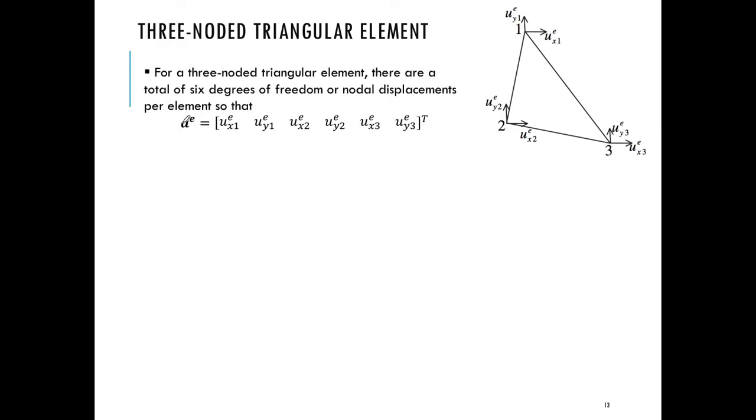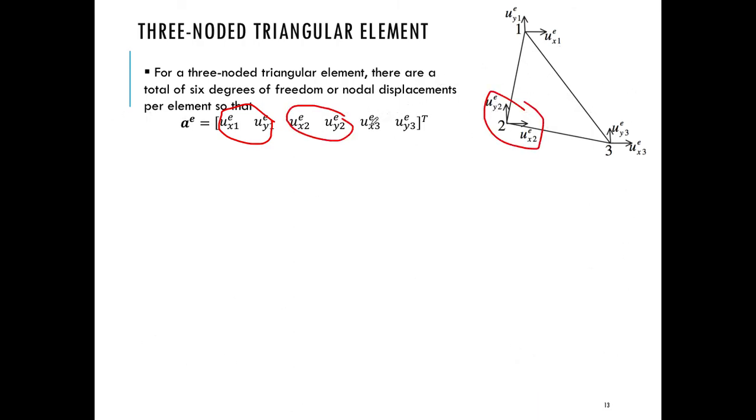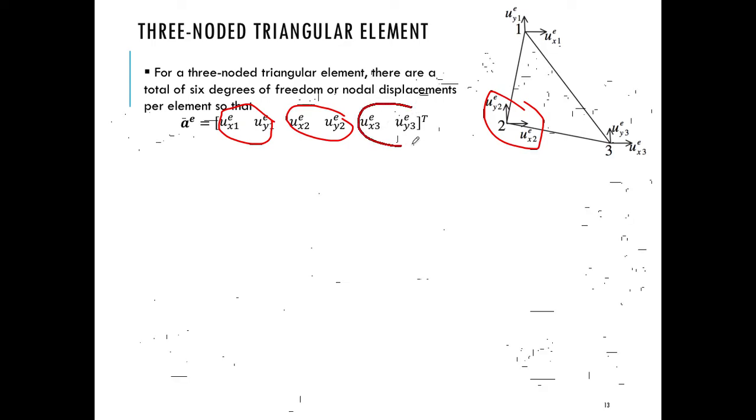So my A vector, the nodal displacements, becomes ux1, uy1, the displacements of node 1, then ux2, uy2, the displacements of node 2, and finally ux3 and uy3, the displacements of node 3, all written in column vector format.